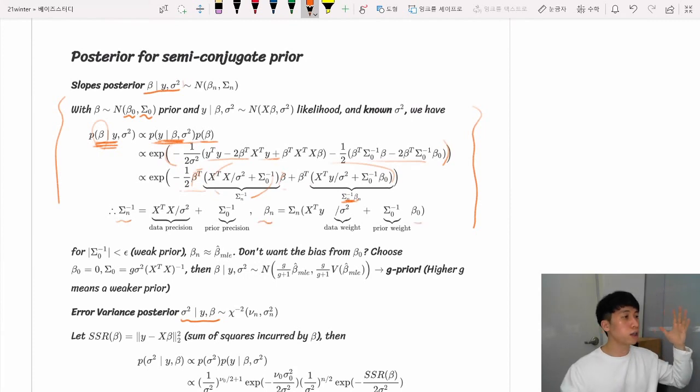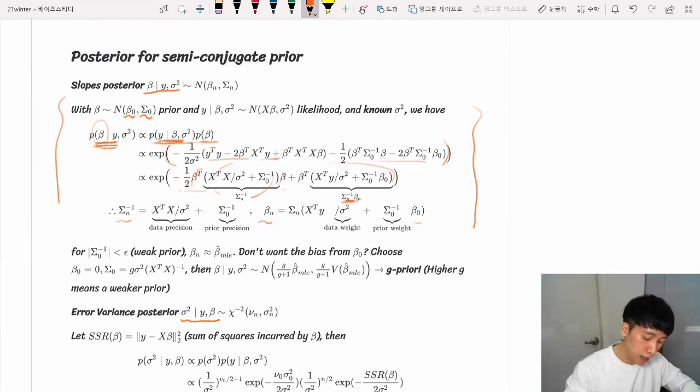So, for the intuition, I'm going to give a little intuition about this result. The inverse of covariance is a precision, just as the inverse of variance is a precision. If you know some density very well, then your variance will be low, which means that your precision will be very high, and vice versa, right? So in this case, the posterior precision is given as an addition of data precision and prior precision.